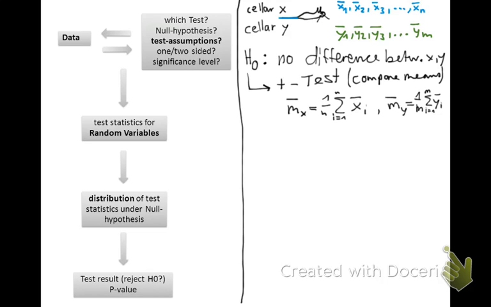So this can be computed. Now the question about one-sided or two-sided, well, we leave that open for the moment. The significance level, let's call it alpha. Let's take 5%, this is rather standard.